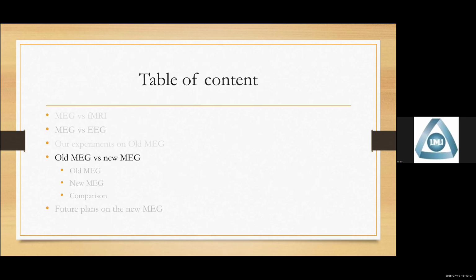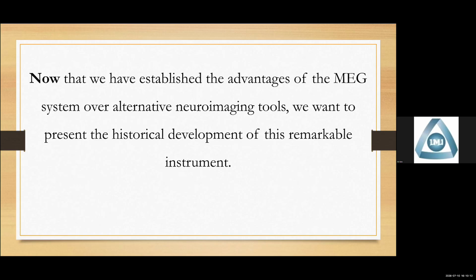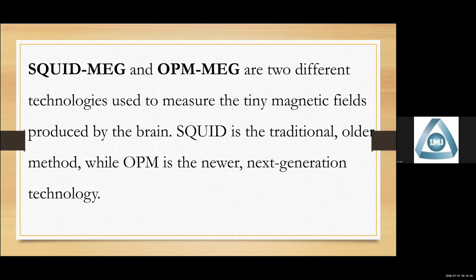Now we want to compare the old MEG with the new MEG. Now that we have established the advantage of the MEG system over other alternative neuroimaging tools, we want to present the historical development of this remarkable instrument.